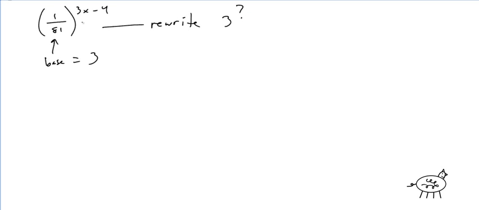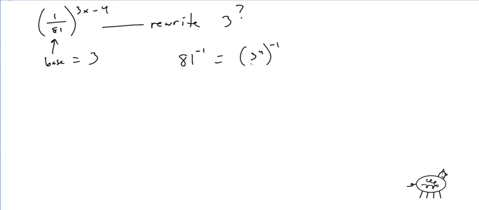So this is the deal. If you remember, 1 over 81, isn't that the same thing as 81 to the negative 1 power? Because I'm trying to get that to look like a 3. So it's 81 to the negative 1 power, and then what is 81? Isn't that 3 to the 4th power? So that's equal to (3 to the 4th power) to the negative 1.